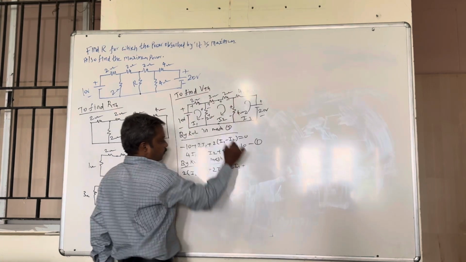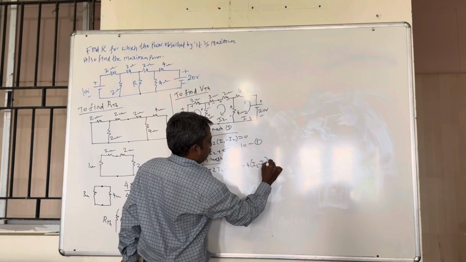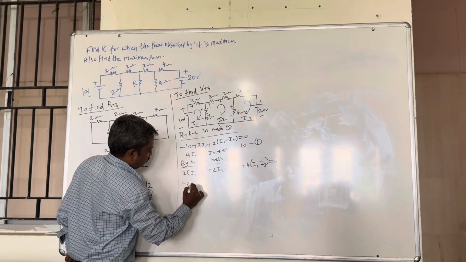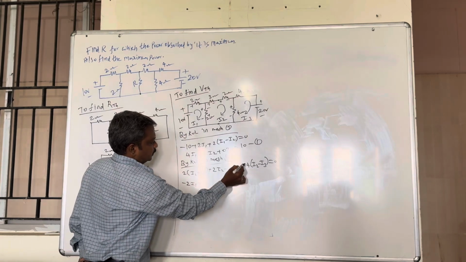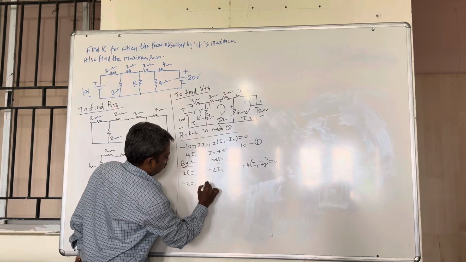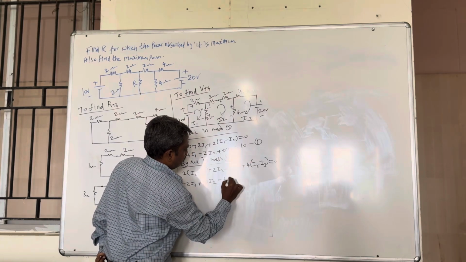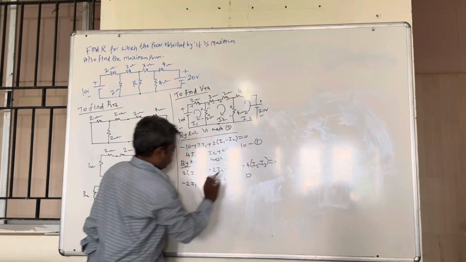When I am coming here, 4 (I2 minus I3). So you consolidate everything: minus 2 I1 plus 2, 4, 6, 10 I2 minus 4 I3. There is no source here in mesh 2, equal to 0.